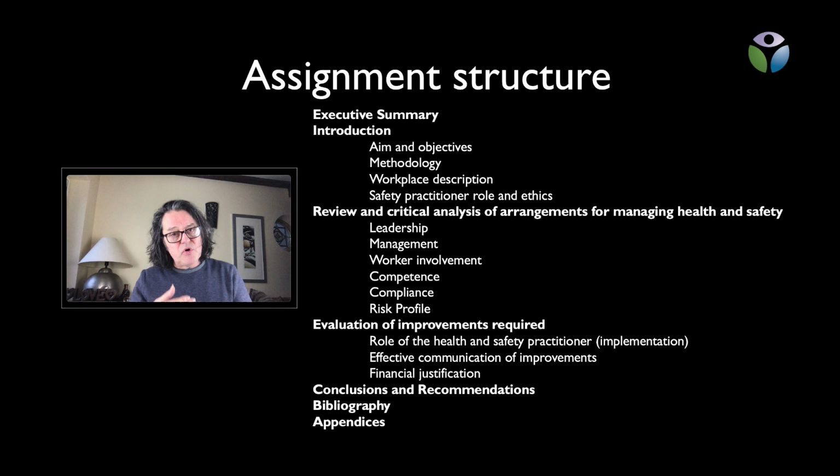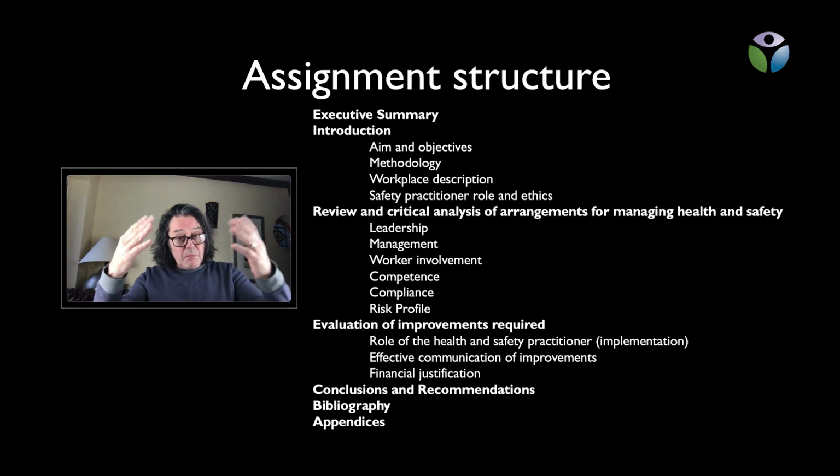How the improvements are actually going to be communicated to everyone within the organisational structure. And also you need to sharpen up on your cost benefit analysis skills, because you would be expected to put in place a convincing financial argument for implementation.